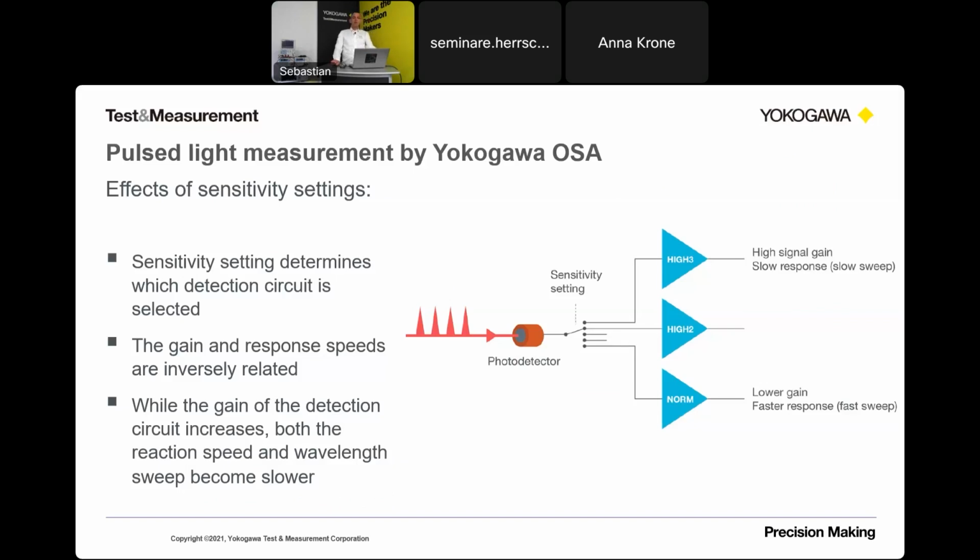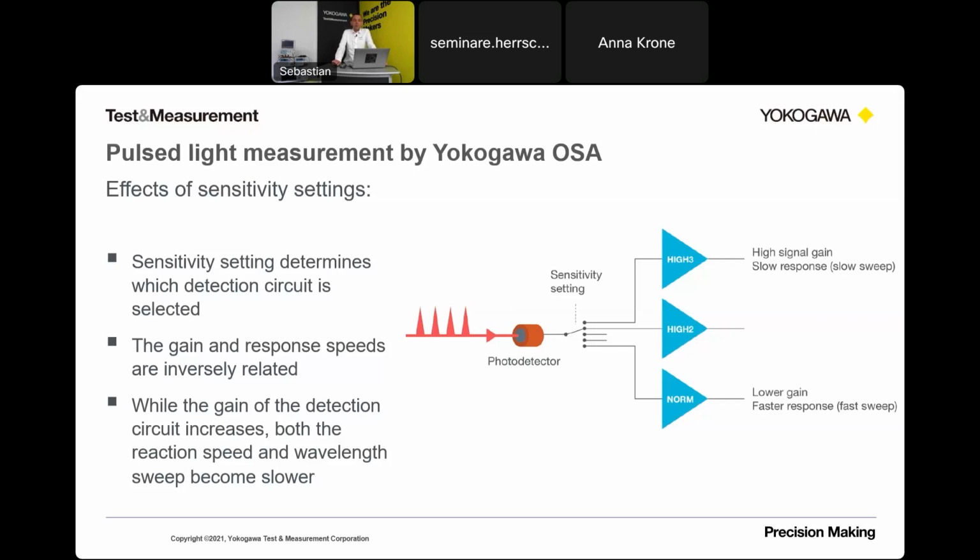For each different amplification circuit, the gain and the response speed of the sensor and amplification circuit are inversely related, which means when you want a higher gain to measure even weak signals, this leads to a slow response speed of the spectrum analyzer and may also lead to a slower wavelength sweep, and the measurement takes more time.